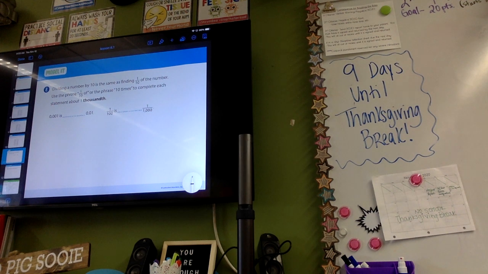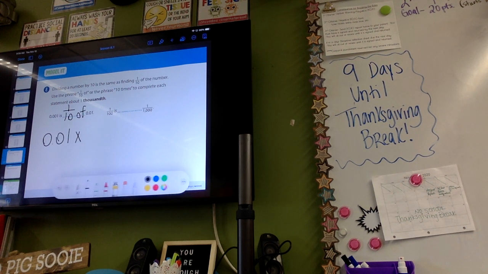So is it 1/10 of or 10 times? 1/10 of. Because this is the same thing as saying 0.01 divided by 10. That's the same thing.